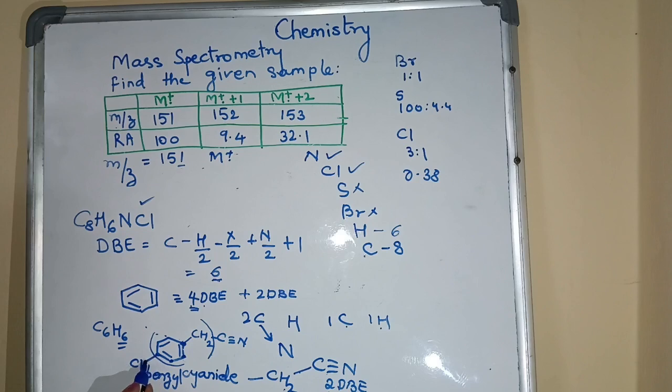It is attached to chloro. Now chloro is at para position: 1, 2, 3, 4. It is at position 4: ortho, meta, para. So it is para. Parachlorobenzyl cyanide is the name of this compound.